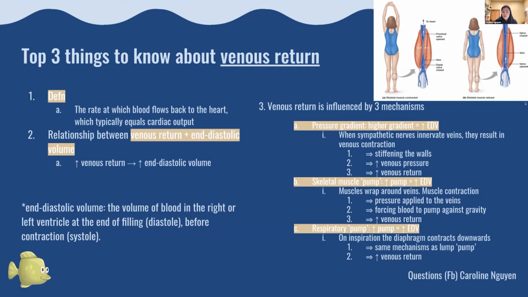So B is the skeletal muscle pump. And so when you have increased pumping, you have increased end diastolic volume, which means increased venous return. So it's not actually a pump. What happens is you've got a vein here. Think this is the main one in your leg. And then you've got a muscle that wraps around the veins or is close by.